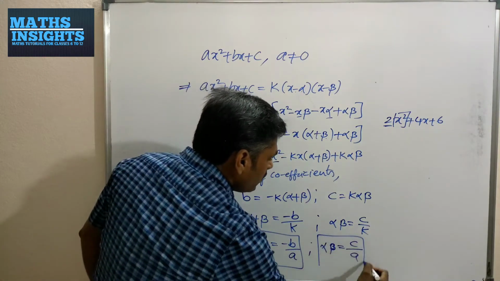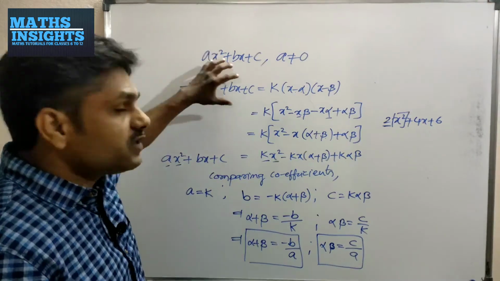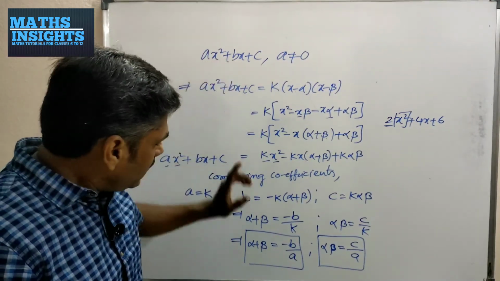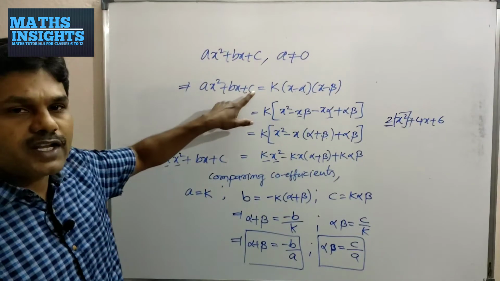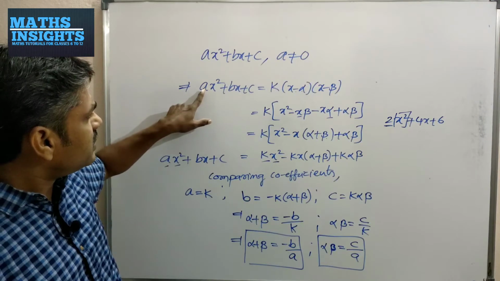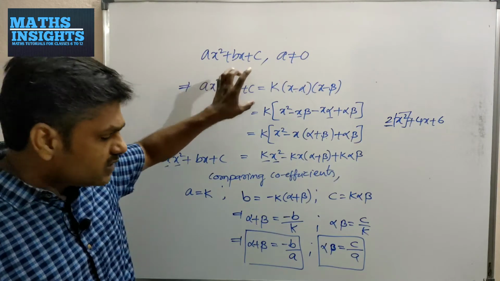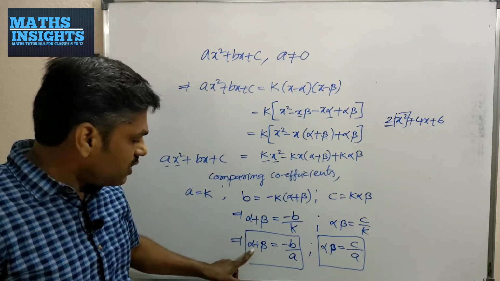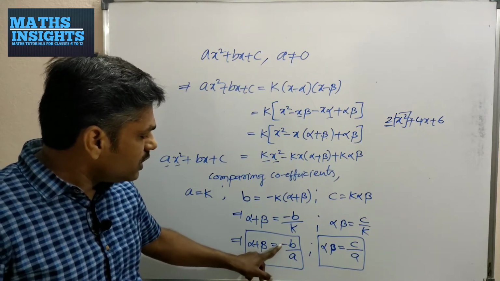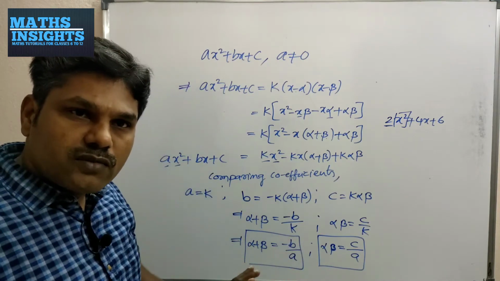See, what are alpha and beta? Alpha and beta are nothing but zeros of this polynomial. By using the coefficients of this quadratic polynomial, the coefficients here being a, b, c, I am going to find the sum of the roots. Alpha plus beta is equal to minus b by a is the formula to find the sum of the roots.